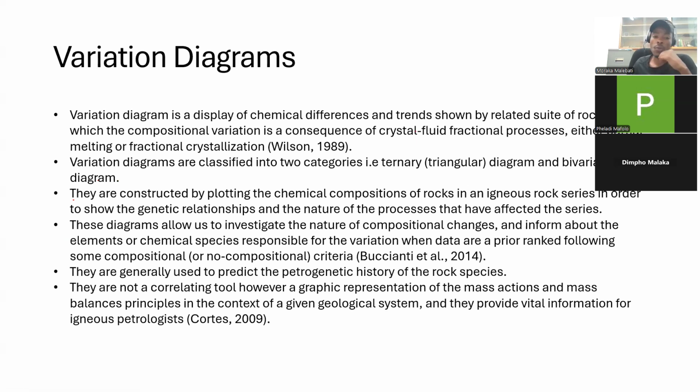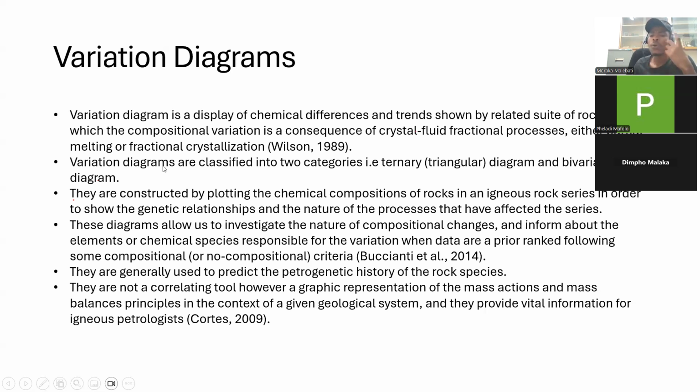Now, we also have what you call variation diagrams. Variation diagrams are a display of chemical differences and trends shown by a related suite of rocks in which the compositional variation is a consequence of fractional processes, either partial melting or fractional crystallization. This is according to Wilson in 1989.